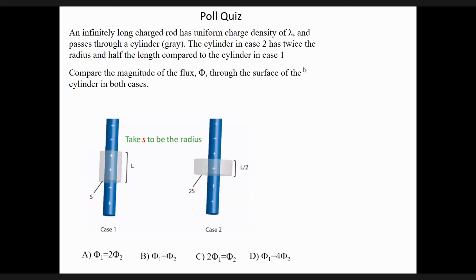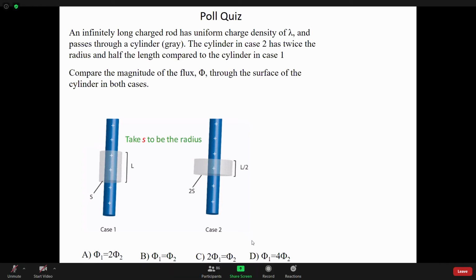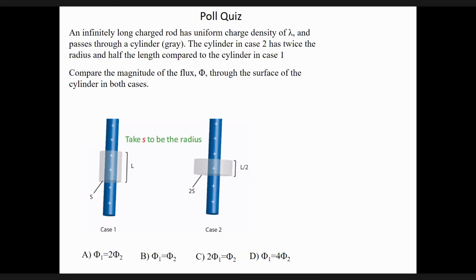Multiple choice. A, B, C. You guys see anything? I just see the slide with the question about flux. Yeah. Oh, I see. A, B, C. Now I see the problem.